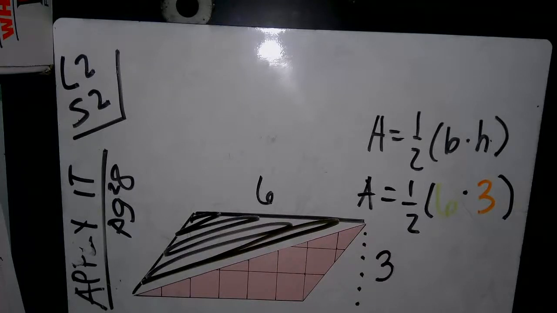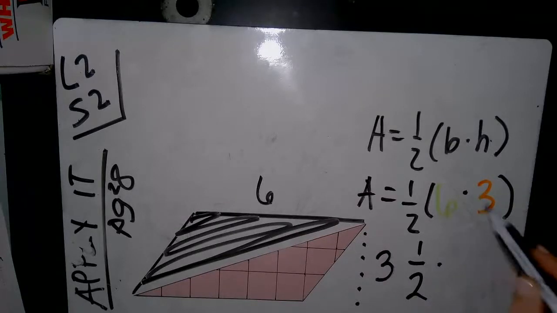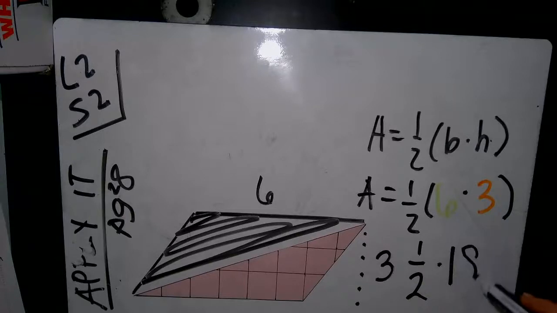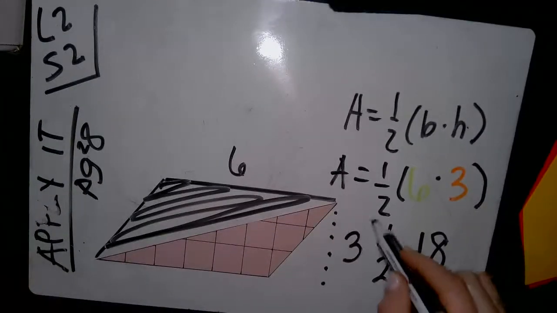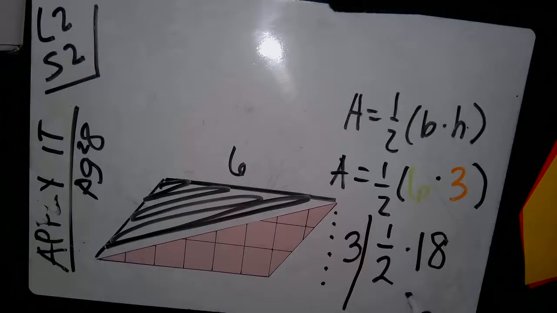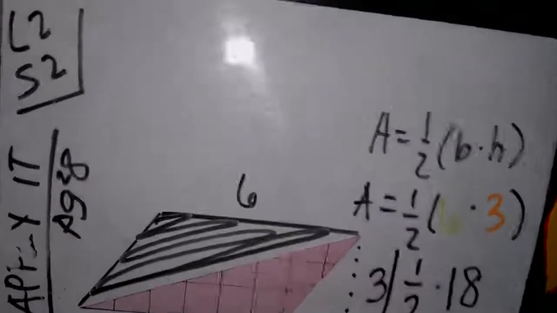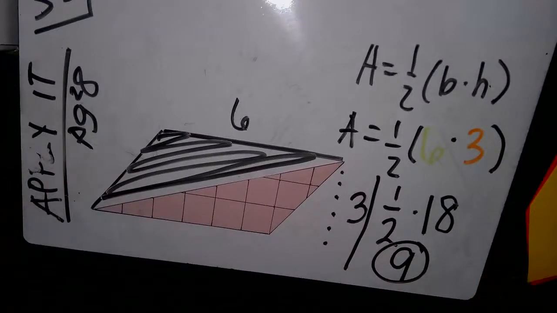So what do we have to do? We have to take our 6 times 3, and we need to divide it in half because I'm only looking for this half. One way to do that is to multiply by a half. 6 times 3 is 18. 18 times 1/2 is the same as 18 divided by 2, which in this case is 9.